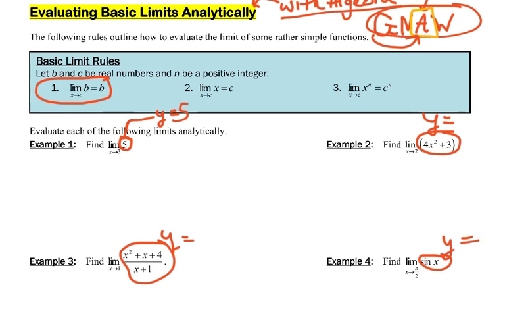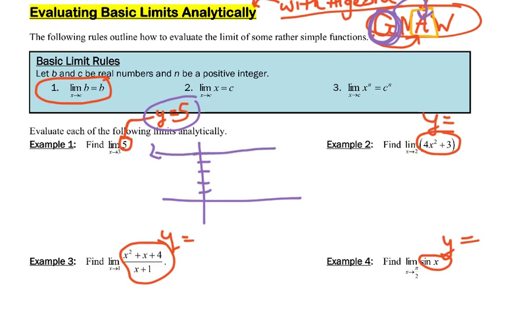So it makes quite a bit of sense if you think graphically of what y equals 5 looks like. So again, I'm going to reference the graphical to apply the analytic. The function y equals 5 is a horizontal line through 5.